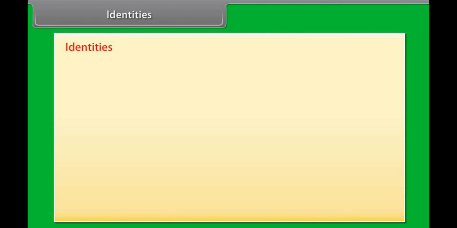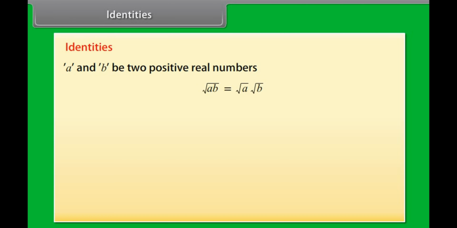Identities. Now let us go through some identities related to square roots. Let a and b be two positive real numbers. Then square root of ab is equal to square root of a into square root of b.